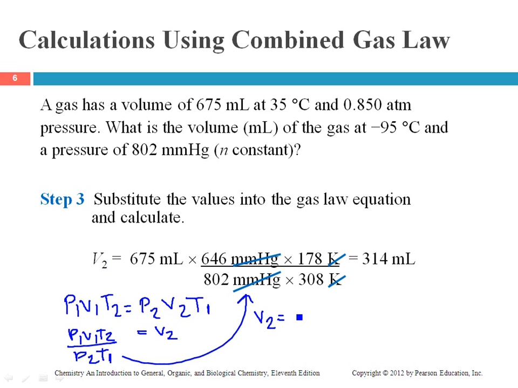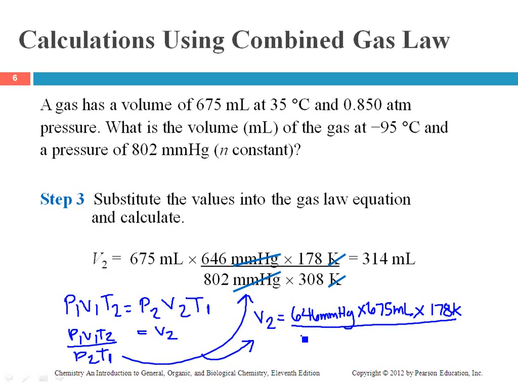So V2 would be equal to P1 times our V1, which was 675, times our T2, which I think was 178. I'm plugging in actually with this arrow here, just to be sure you see it both ways.